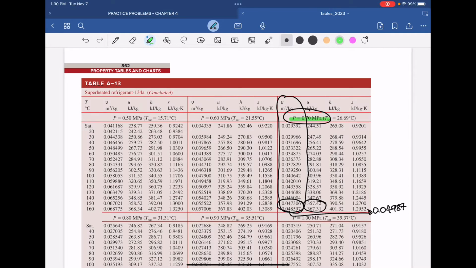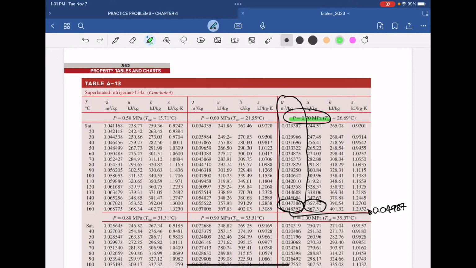I feel like we did this already. Okay, and then we need to figure out the specific internal energy. This is a question we did already, so that's very good.